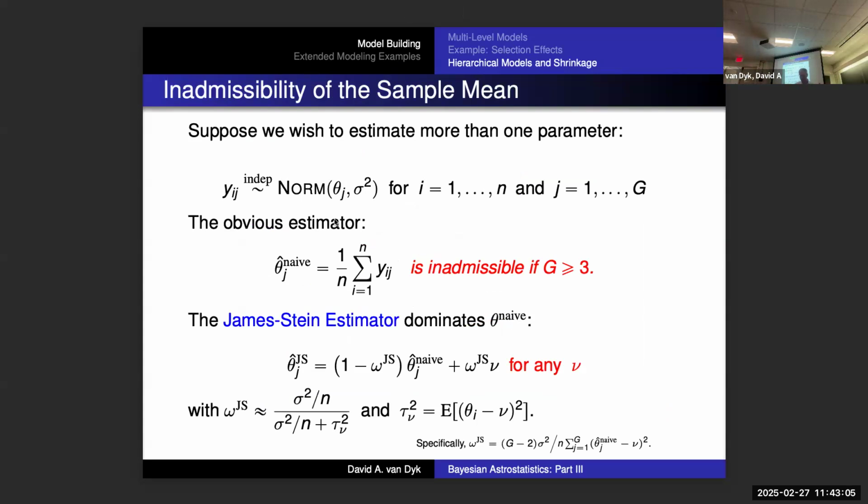So what you're going to do is take a weighted average of the individual globular cluster parameter estimates and the average of all globular cluster estimates.